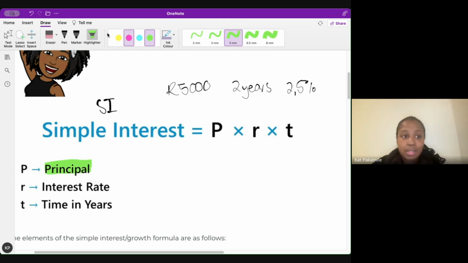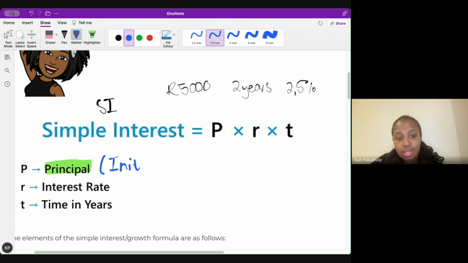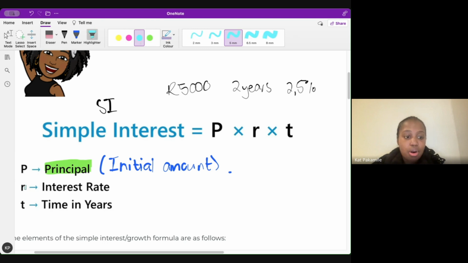What is our principal amount? What does that mean, guys? That means the money you invested. So it's the initial amount, basically. This is your initial amount. So it's your principal amount times R, which is your interest rate.